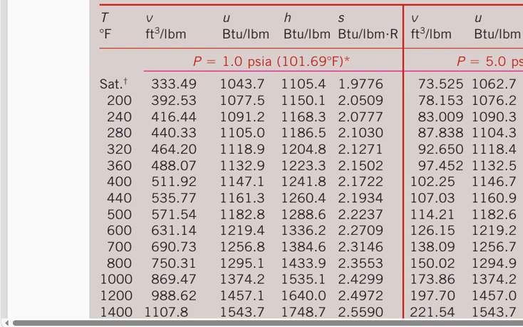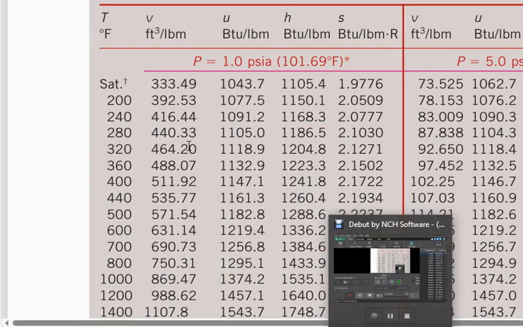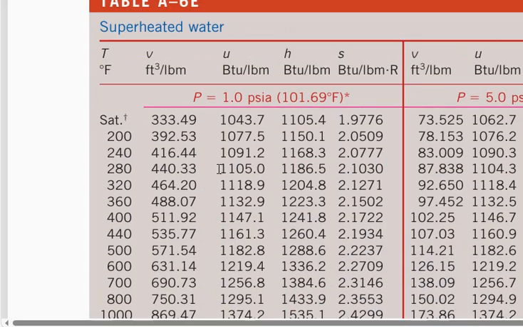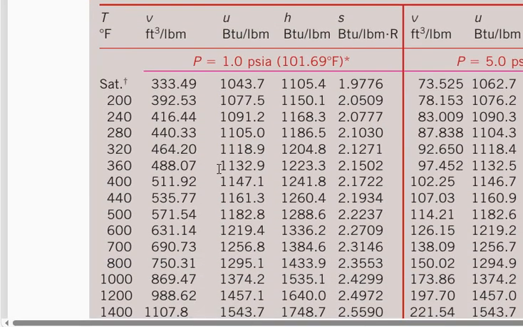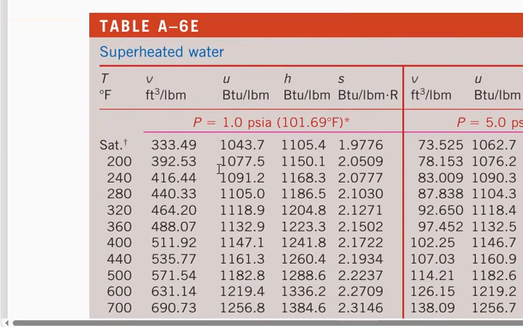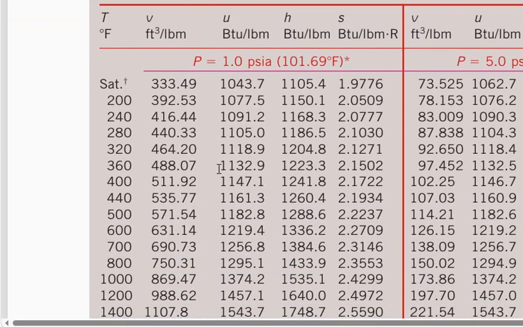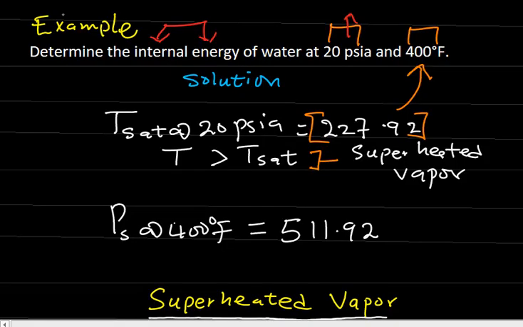No, this is the specific volume. We are looking for the internal energy. The pressure is not what we are looking for.